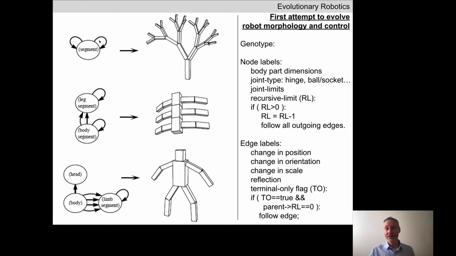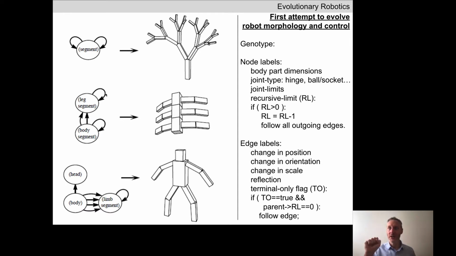We've already spent a fair bit of time talking about graphs, but usually in our discussions we've been treating them as neural networks, where the nodes are neurons and the arrows are synapses. In this case, this is not a neural network. It's a network or a graph that's encoding both the body and the brain, as we'll see in a moment, of these virtual creatures. Okay, once we have our nodes and edges, there are a number of parameters or labels associated with each node, and there are a number of labels or parameters associated with each edge as well.